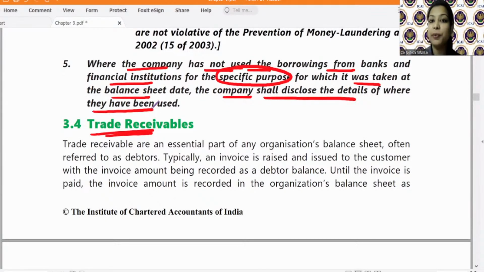The purpose for which the company has taken the borrowing, it has not been utilized for that purpose, but for some other purpose. अब company को खुद से ही disclose करना है कि देखो हमने ऐसा किया है. है ना? Auditor क्या करेगा?